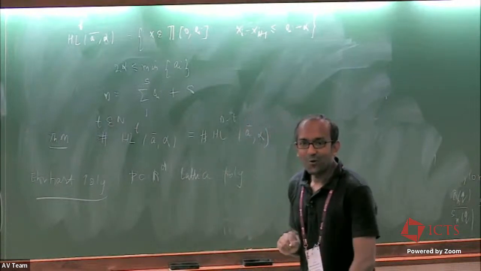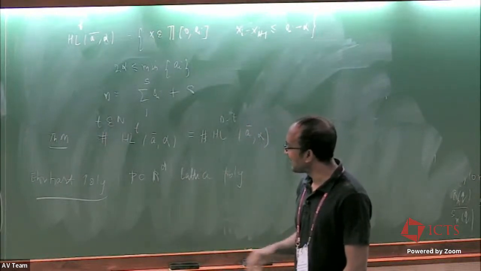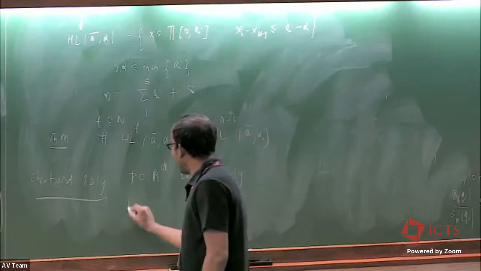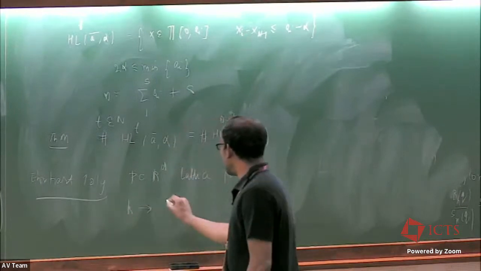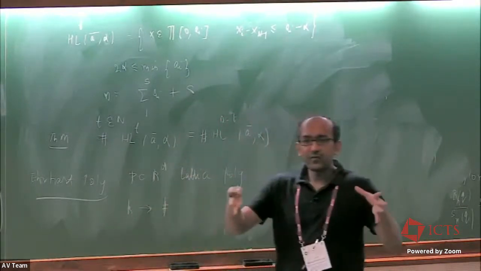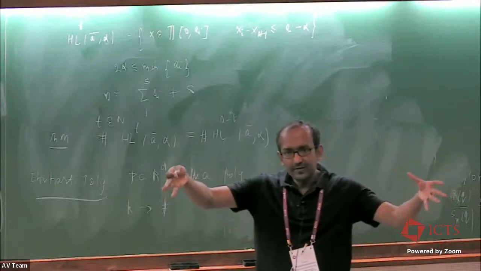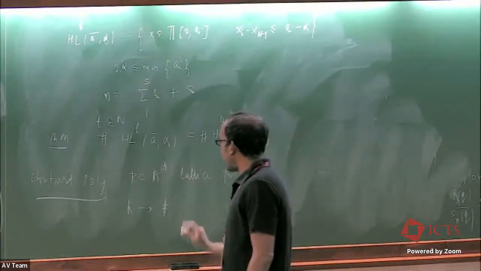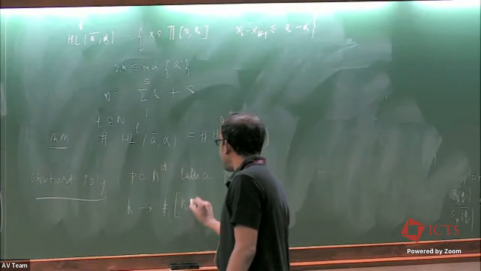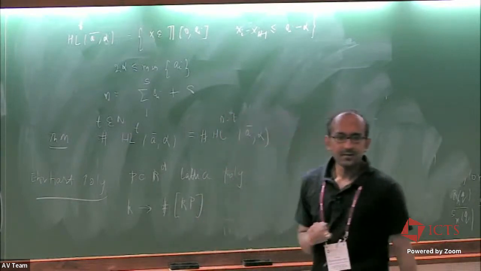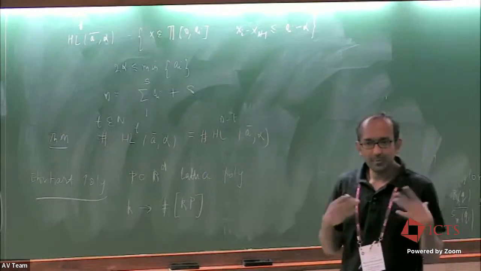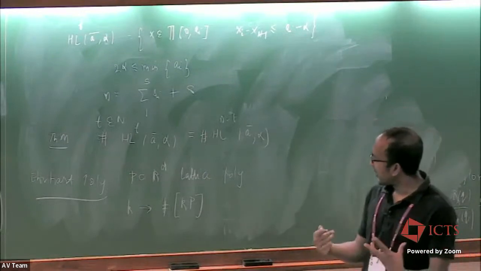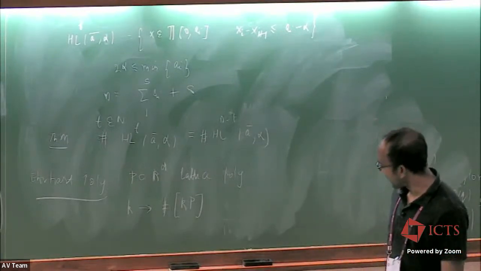The dilate of the polytope is just blowing it up by k. So the number of lattice points in k times P: when k is 1 it is the number of lattice points, when k is 2 the number of lattice points in the second dilate, and so on and so forth.